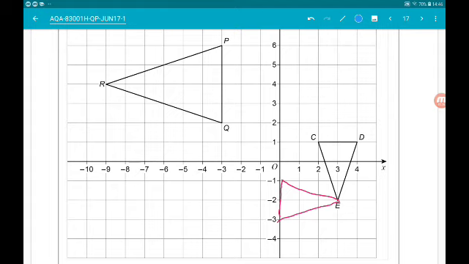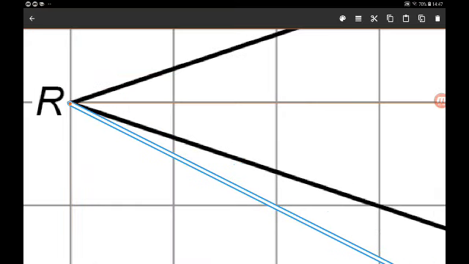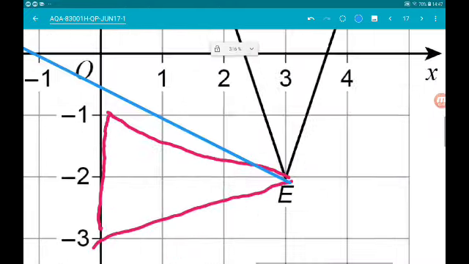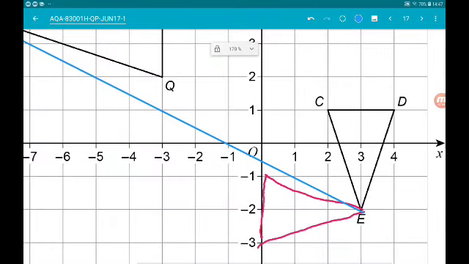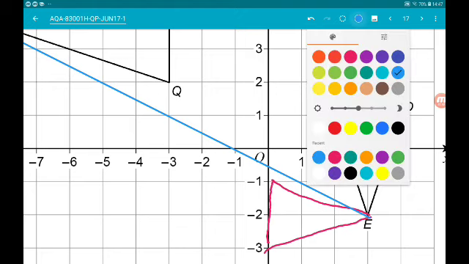So let's find the centre of enlargement. To do that, we join up corresponding points with straight lines. So there's that one. Now we need to be a little bit careful as to know which of the other two corners correspond.